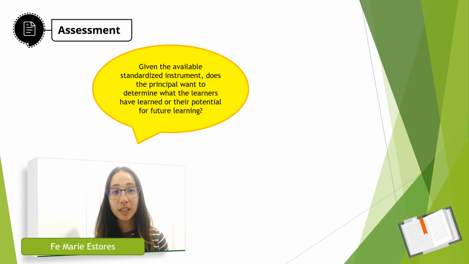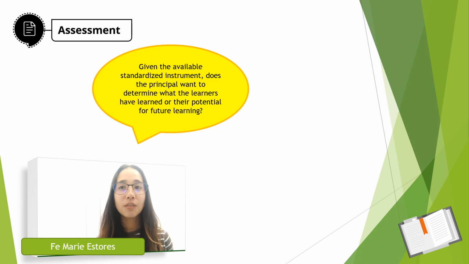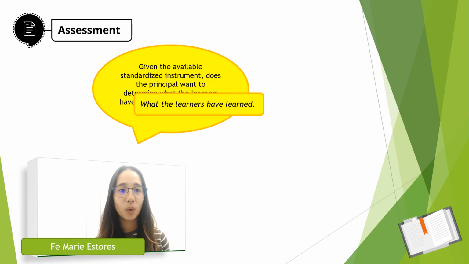And for the fourth question, given the available standardized instrument, does the principal want to determine what the learners have learned or their potential for future learning? The answer is the principal wants to determine what the learners have learned. Why?